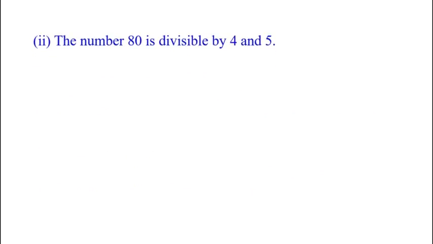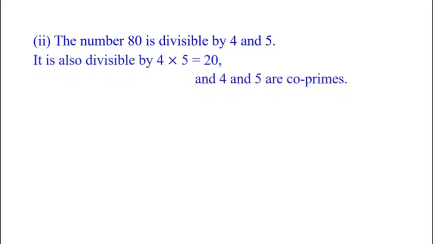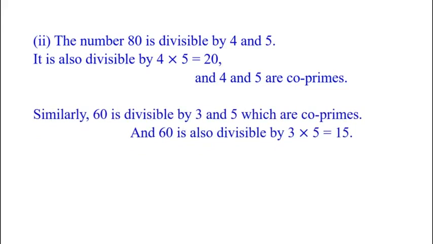The number 80 is divisible by 4 and 5. It is also divisible by 4 into 5, that is equal to 20, as 4 and 5 are co-primes. Similarly, 60 is divisible by 3 and 5, which are co-prime.